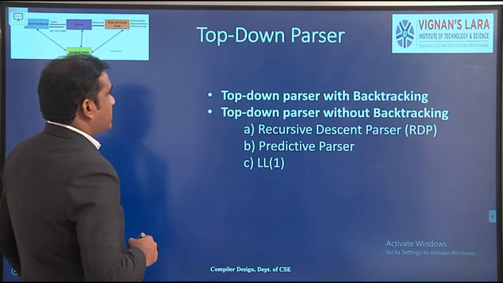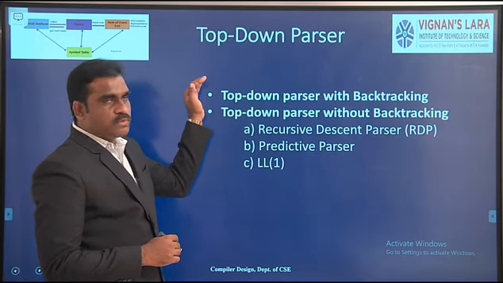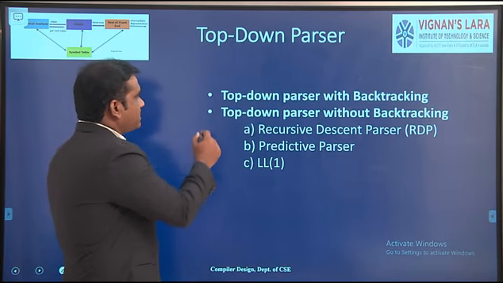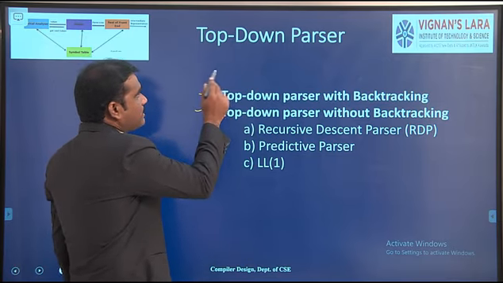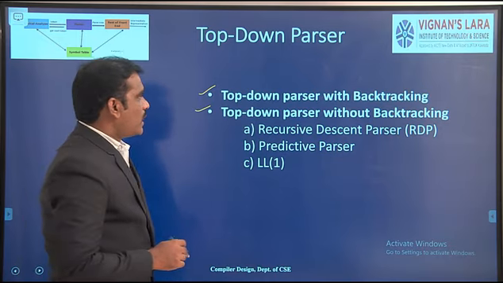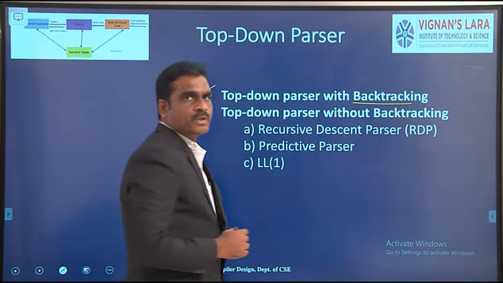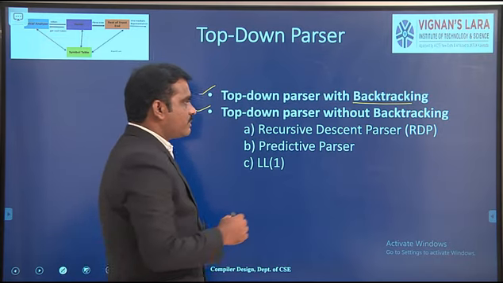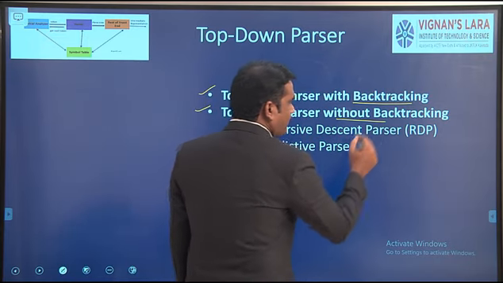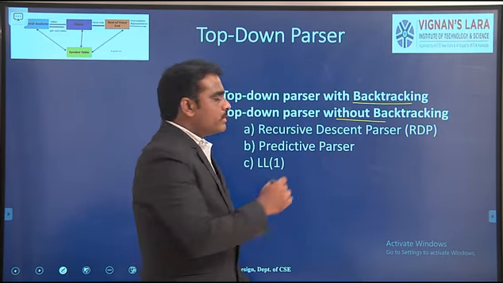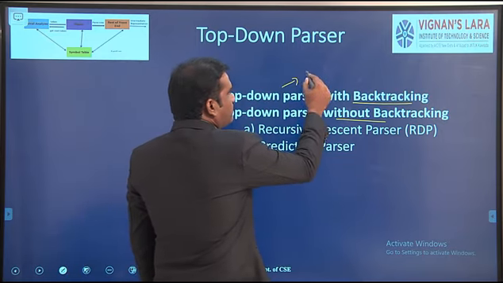And the next one, the first type is top-down parser. I have already mentioned that there are two types of top-down parser. One is top-down parser with backtracking, and the second one is top-down parser without backtracking. In with backtracking, we have to follow the brute force method.